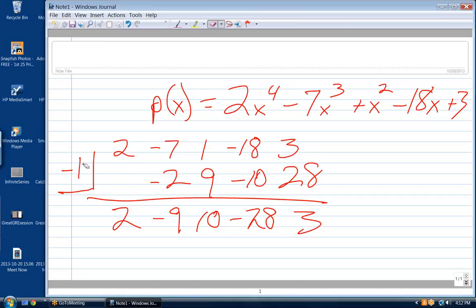I cannot have any answers that are less than minus 1. And I can't have any answers greater than 4. So I wouldn't have to try all 8 of those possibilities. I could rule out 2 or 3 of them. So that's the advantage in knowing your upper and lower bounds. Mm-hmm. Okay?